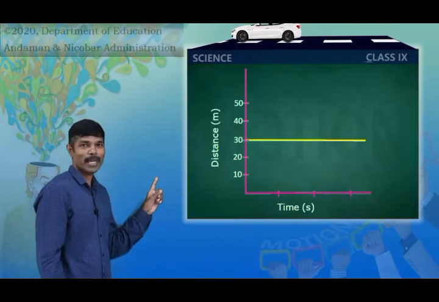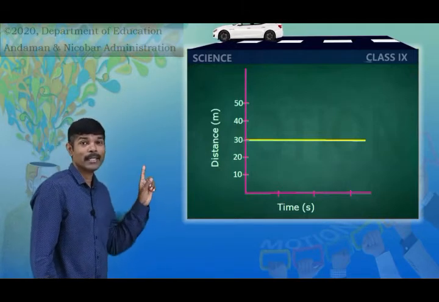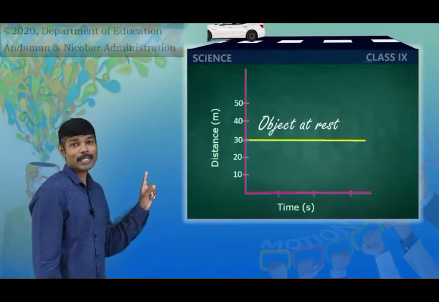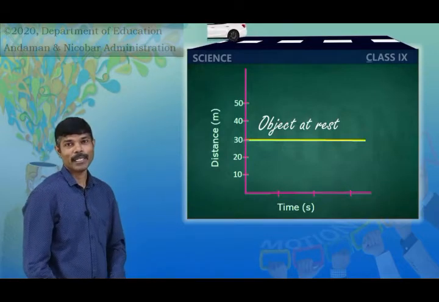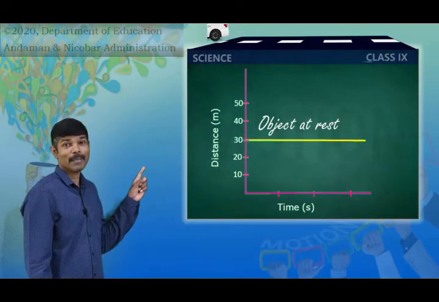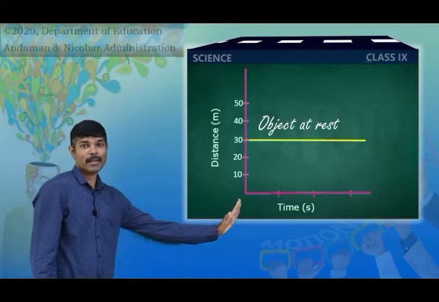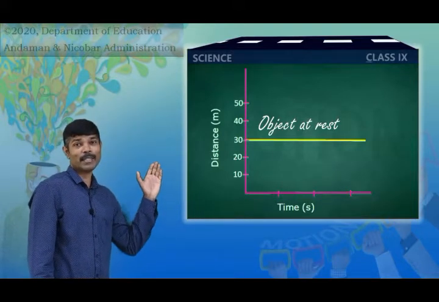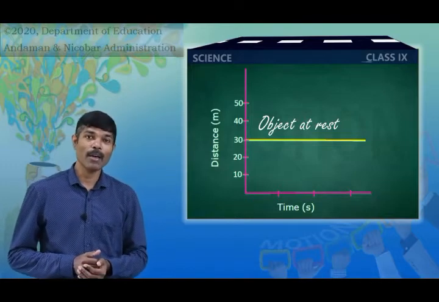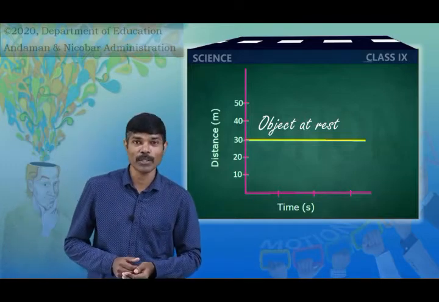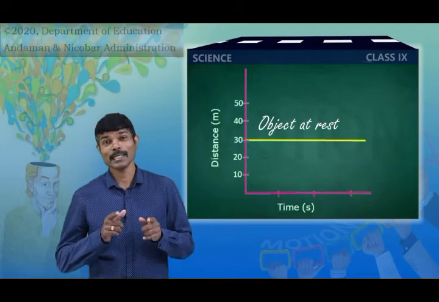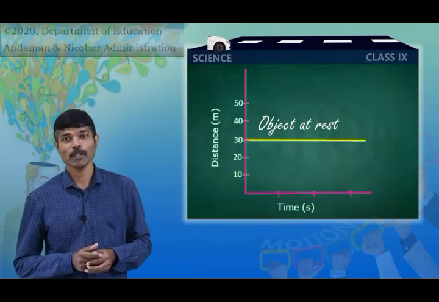This graph shows that the object is at rest. You see, at each interval of time, the distance is 30 meters. So as the time is progressing, the distance remains the same. We know that an object is said to be in motion when the object changes its position with respect to time.